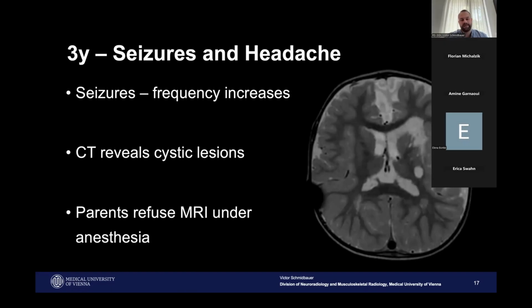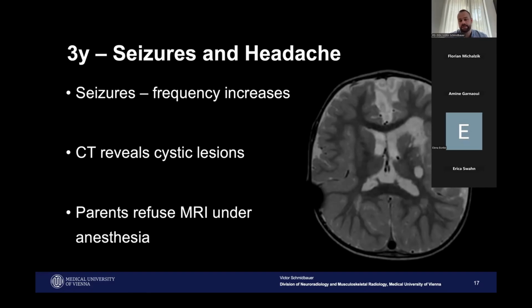We already had CT data available that revealed some cystic lesions in the left hemisphere. We aimed to do MRI in anesthesia, but the parents refused. So we made an attempt to acquire MR data without sedation, without anesthesia.